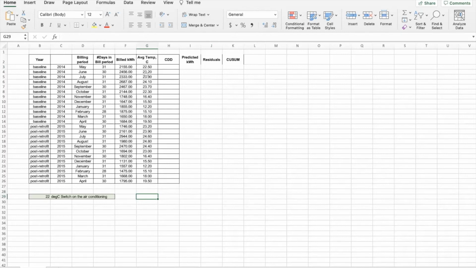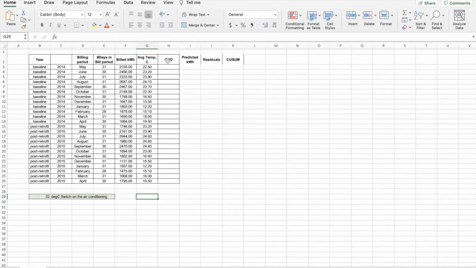But compared with the average temperature, we need to have a standard temperature. And this figure may be set by you. In this example, I just take 22 degrees Celsius. What does that mean?